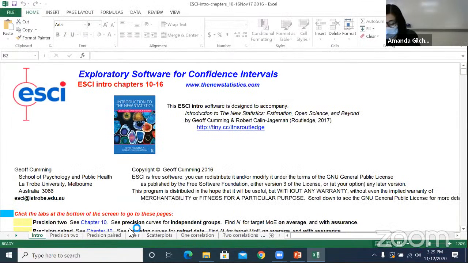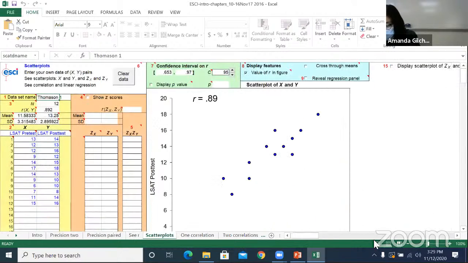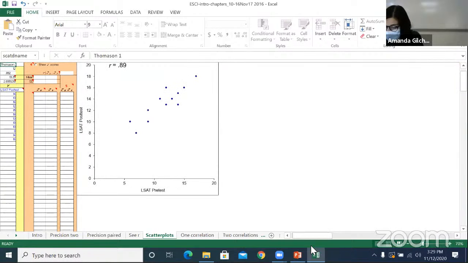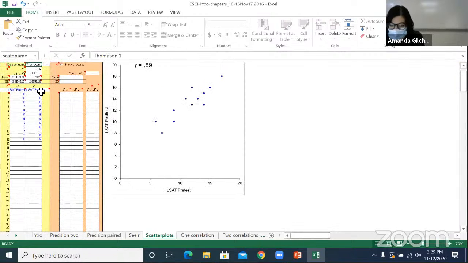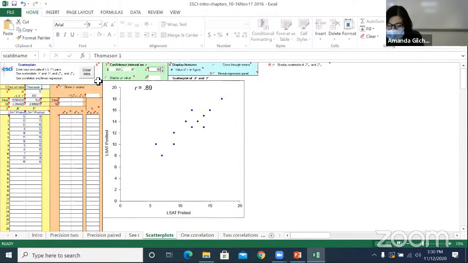This is in the scatter plots tab. So here's our Thomason data. I'll increase the size just a little bit. We have a cross through our means.